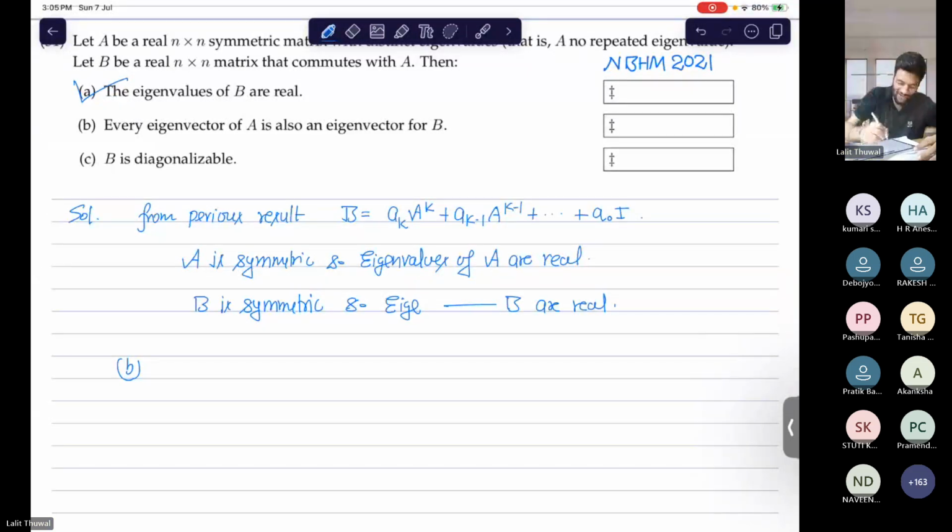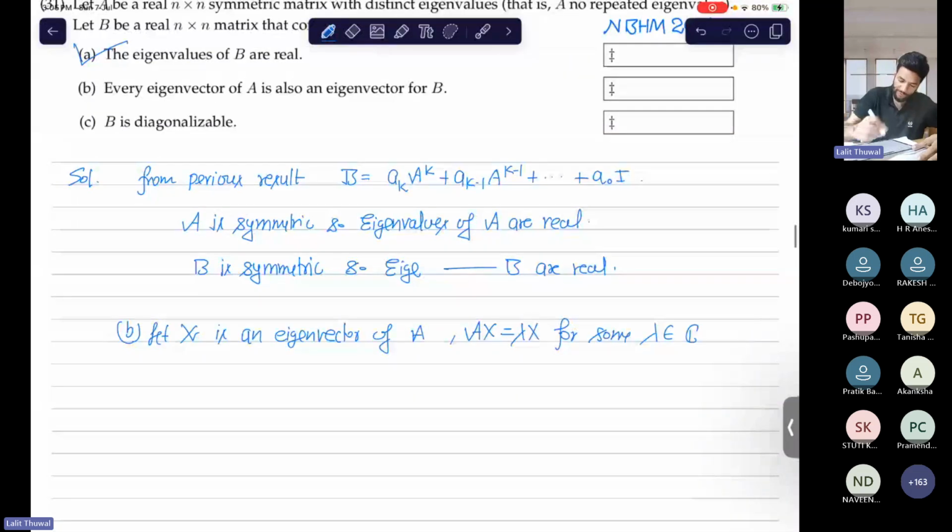Okay, so every eigenvector of A is also an eigenvector of B, right? Let x be an eigenvector of A. Then Ax equals lambda x for some lambda in the field. So Bx equals A_k A^k plus dot dot dot plus A_0 I times x.